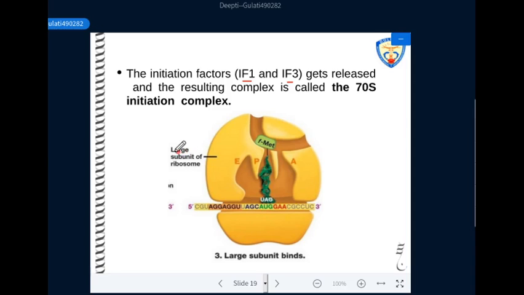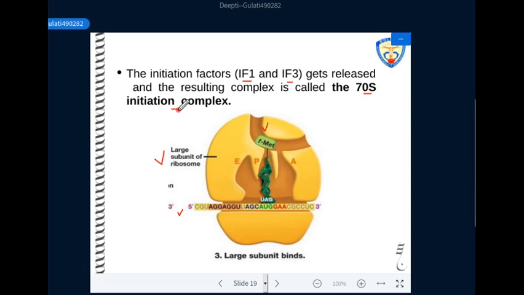The 50S subunit, that is the large subunit of the ribosome, attaches to the small ribosomal subunit. Messenger RNA is placed properly. The first or the initiator tRNA is also placed properly in the P site. And now this complex is known as a 70S initiation complex.